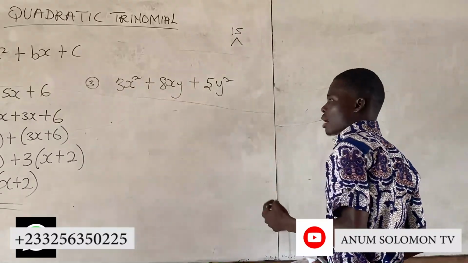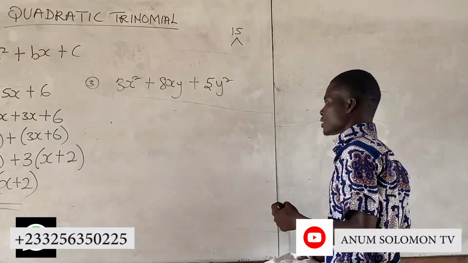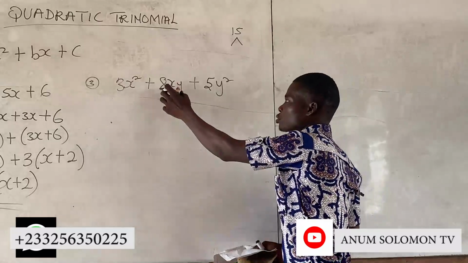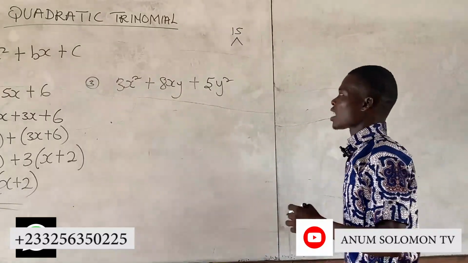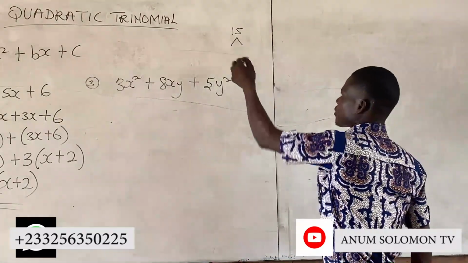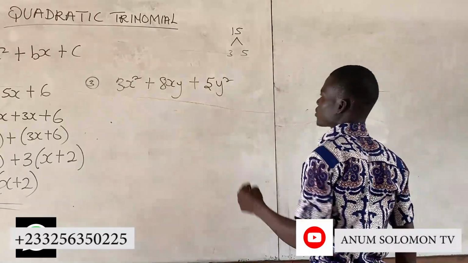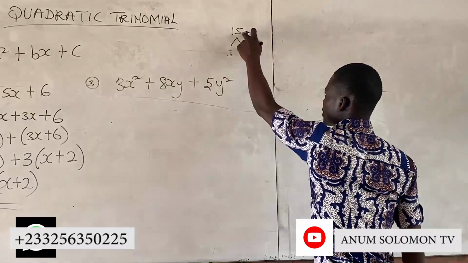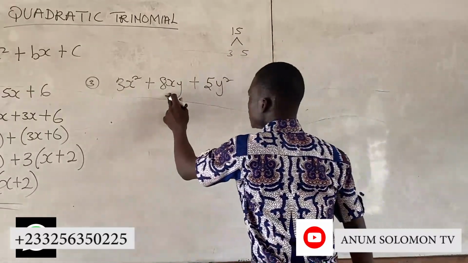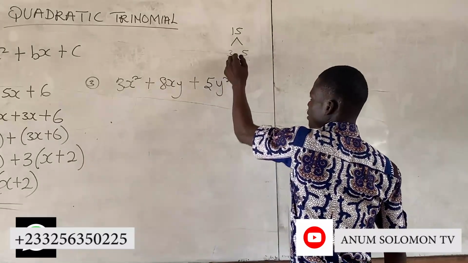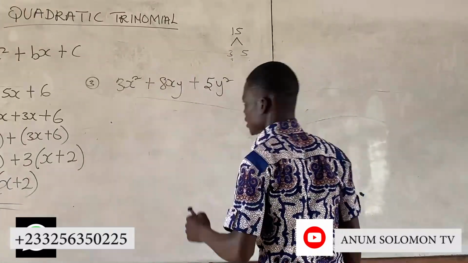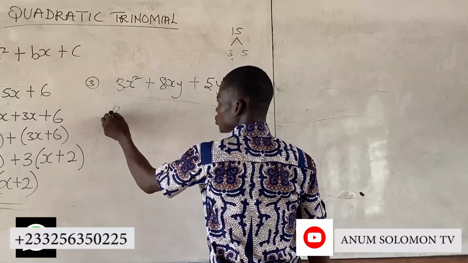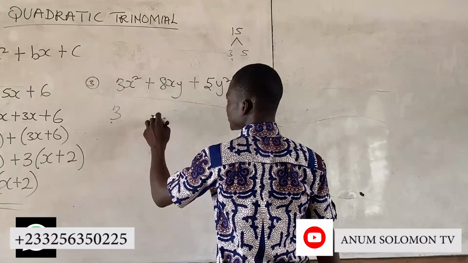We are going to think about the two factors of 15 that will add up to 8. So we have 3 and 5. 3 times 5 is 15, and 3 plus 5 is 8. Meaning these two factors can fit into this expression to replace the second term.